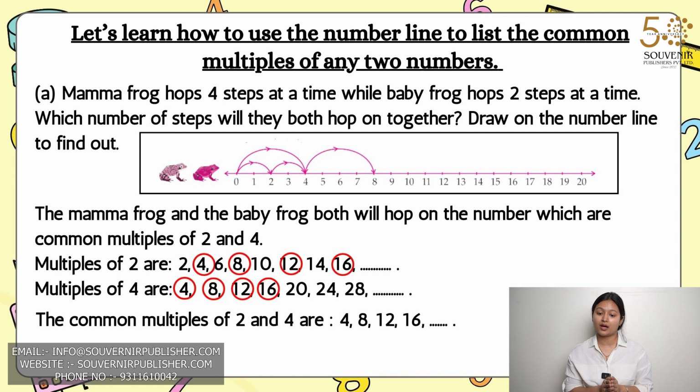Multiples of 2 are 2, 4, 6, 8, 10, 12, 14, 16 and so on. Multiples of 4 are 4, 8, 12, 16, 20, 24, 28. The common multiples of 2 and 4 are 4, 8, 12, 16 and so on.